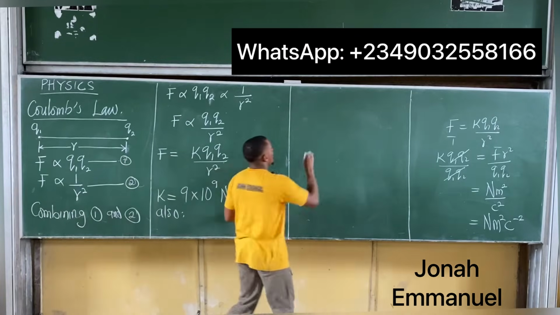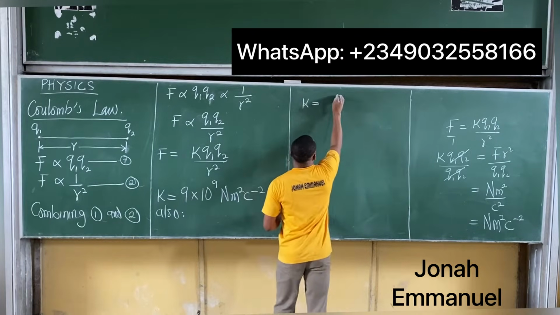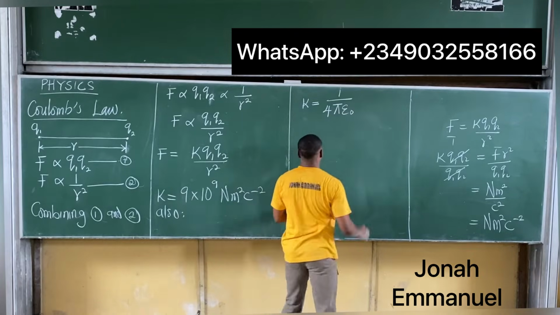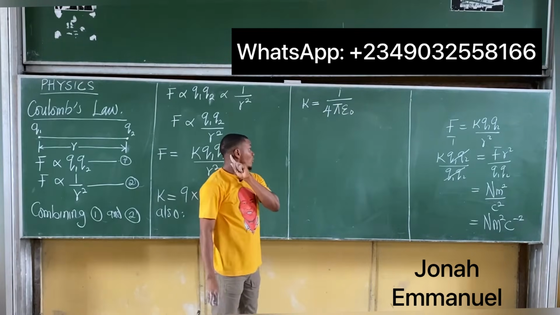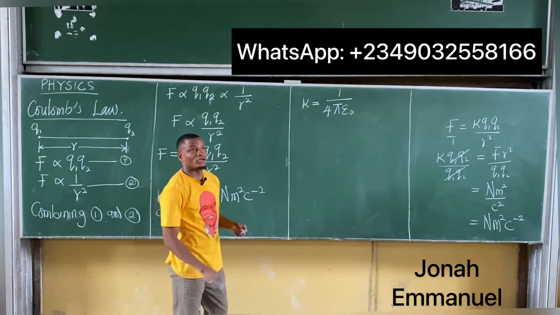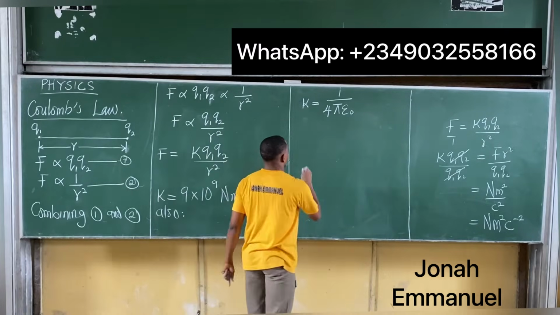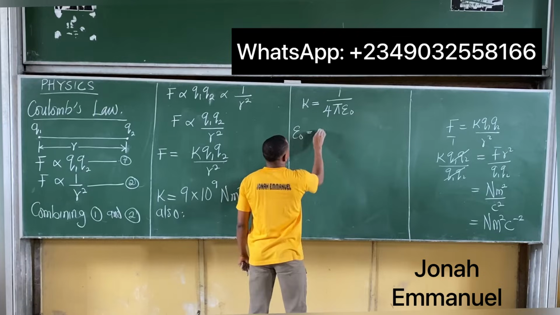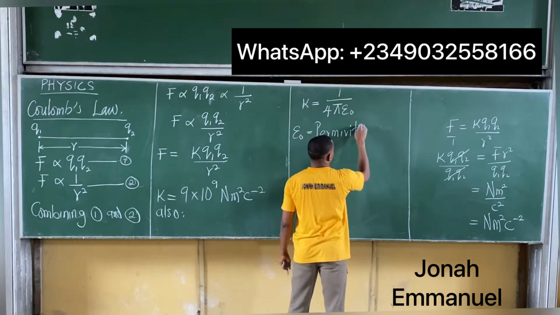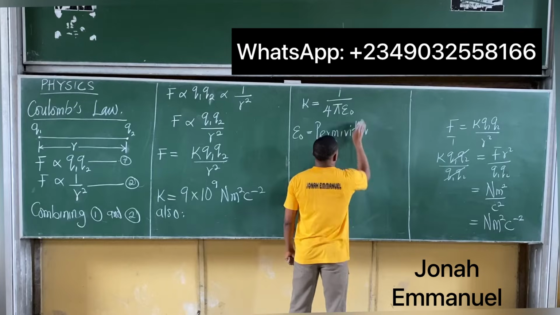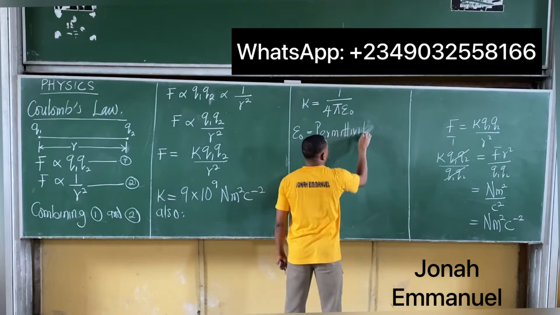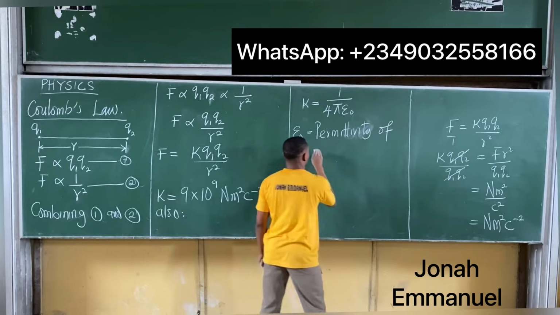Also, K is equal to an expression 1 over 4 pi E naught, where E naught is the permittivity of free space.